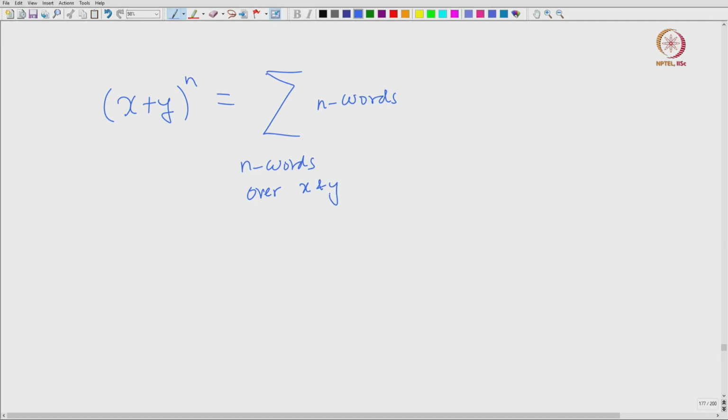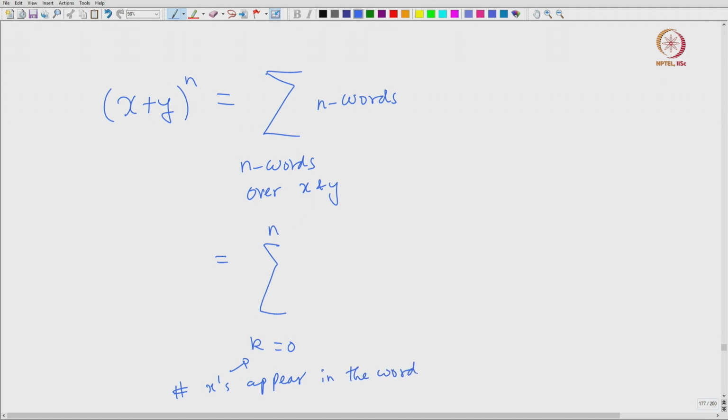And now, what are we going to do? We are going to count these words with respect to the number of x's that appear. The number of x's can be just from 0 to n, where k counts the number of x's that appear in the word.